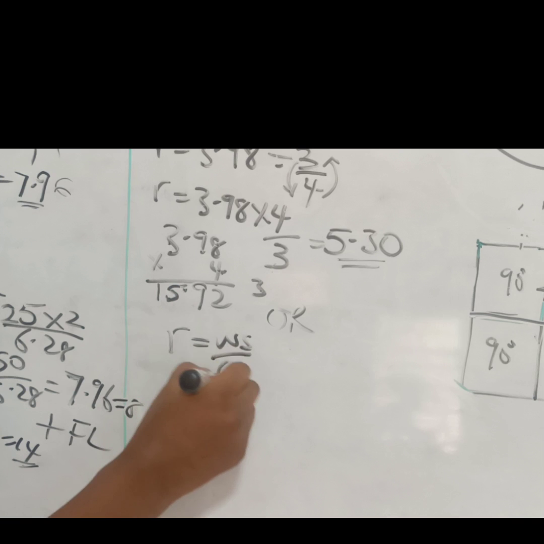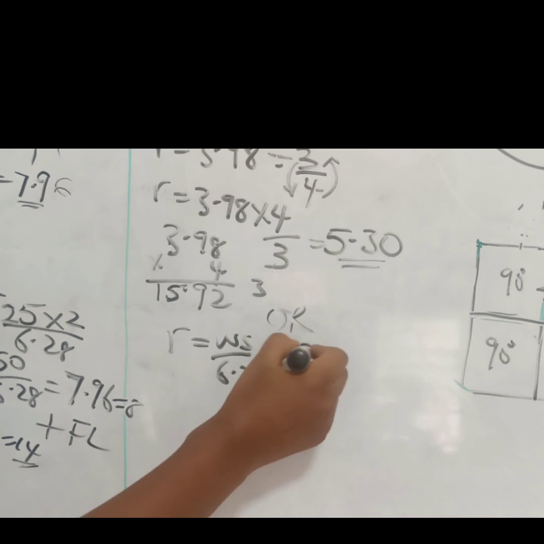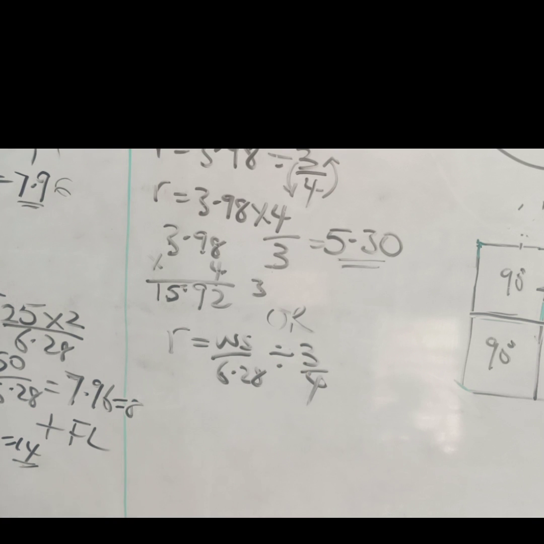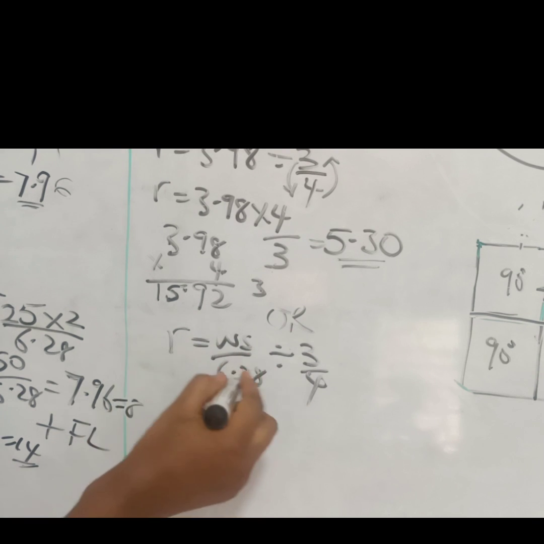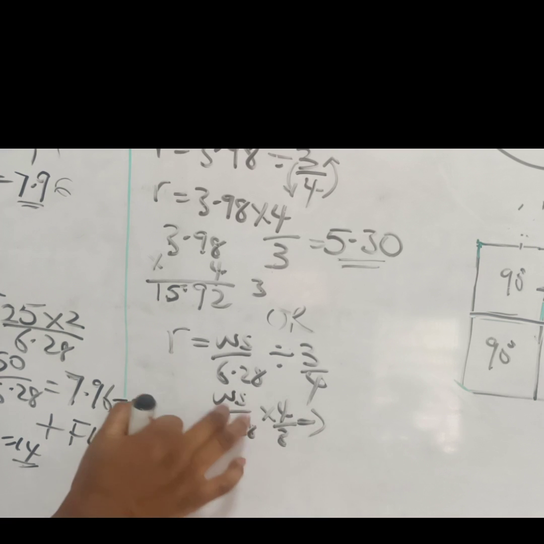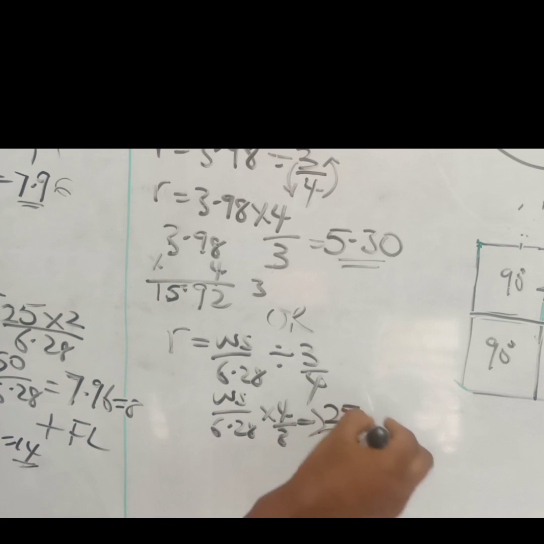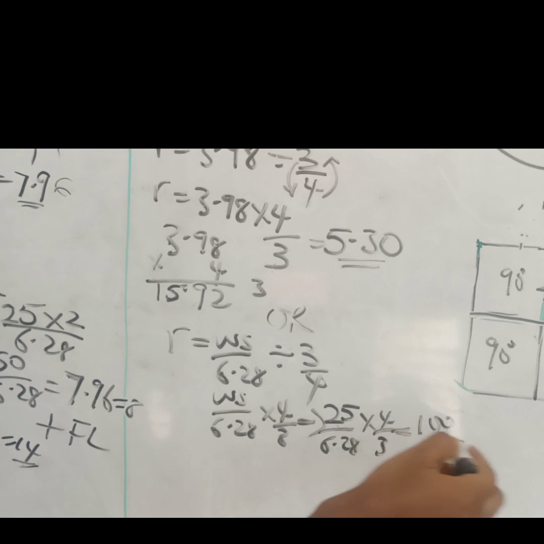So if you don't want to do it like this, you can simply go from the waist divided by 6.28. You say divide by 3 over 4. So by the time you invert this, you are going to have waist over 6.28 times 4 over 3, and the waist is 25. So 25 over 6.28 times 4 over 3. So you multiply this together, you have 100.